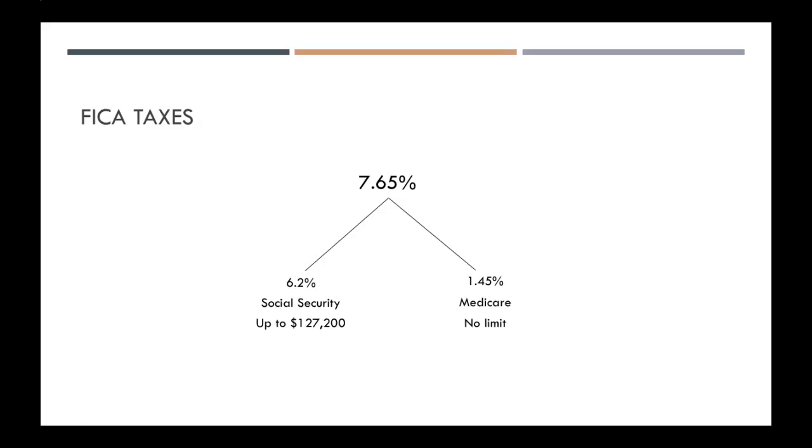Medicare, there is no limit. You could make $1 billion in a year and still be having to pay into Medicare. So remember that FICA tax rate, that 7.65%, is made up of these two different pieces, and we have this limit for Social Security, but we do not have a limit for Medicare.